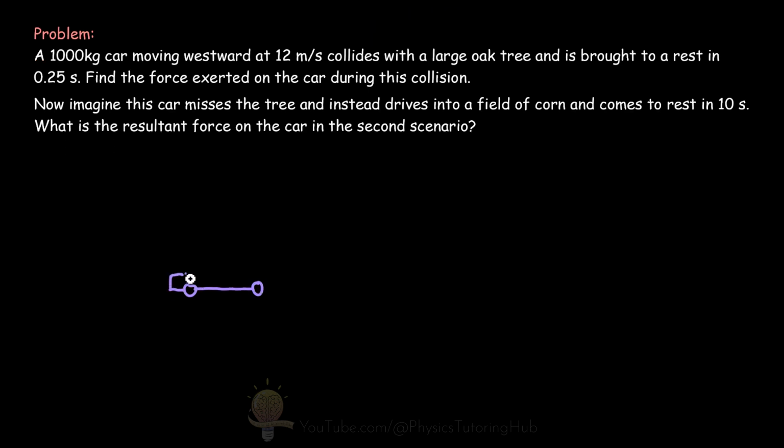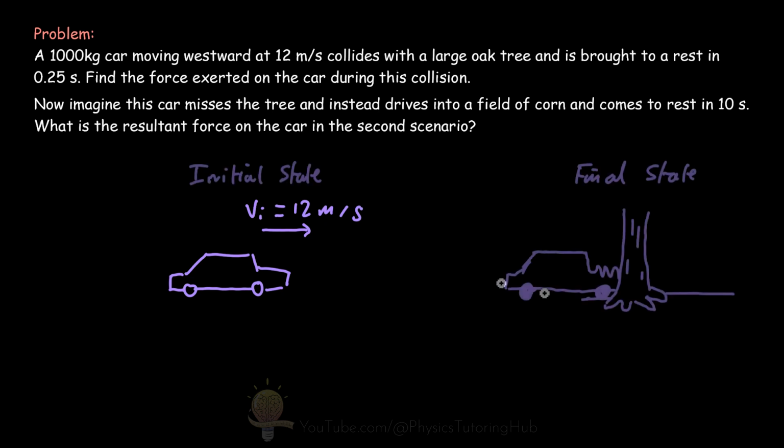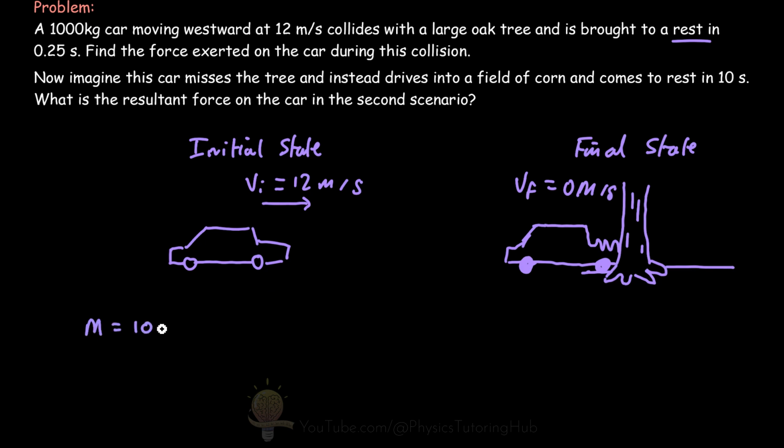So our car initially is moving to the west at an initial velocity of 12 meters per second. In its final state, its velocity is 0 meters per second. So we know the mass of the car, which is 1,000 kilograms.